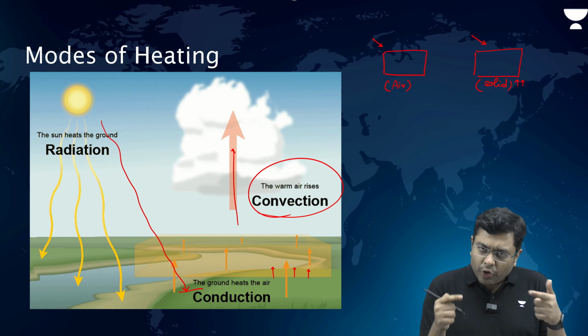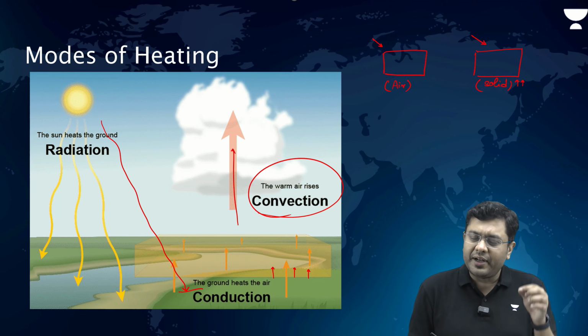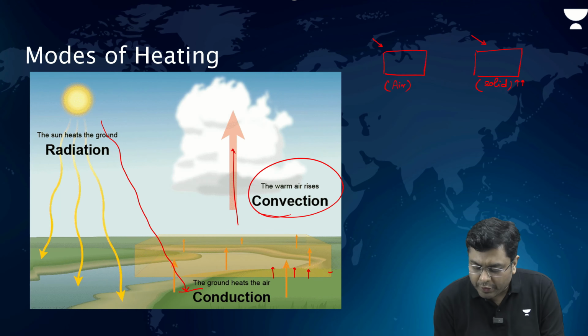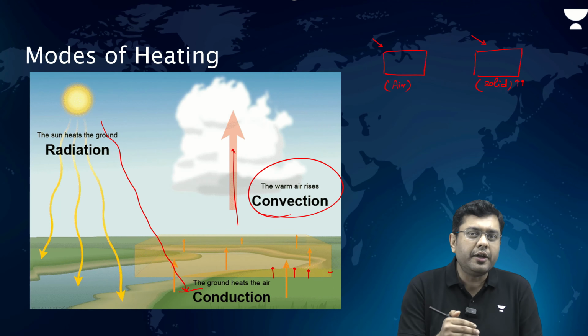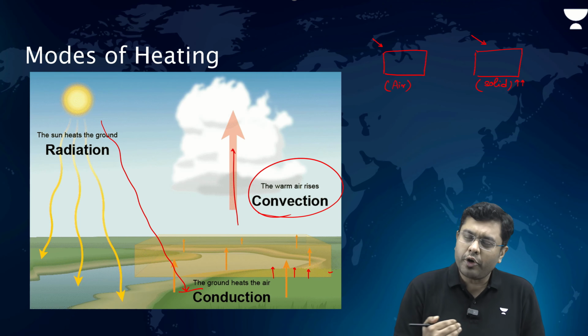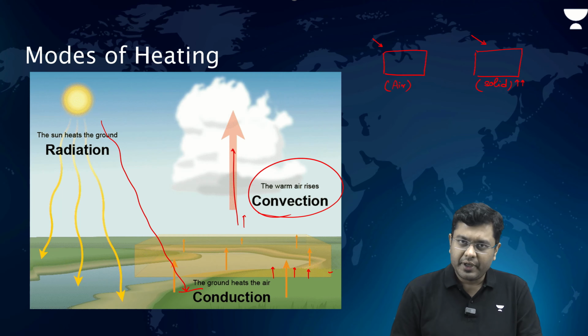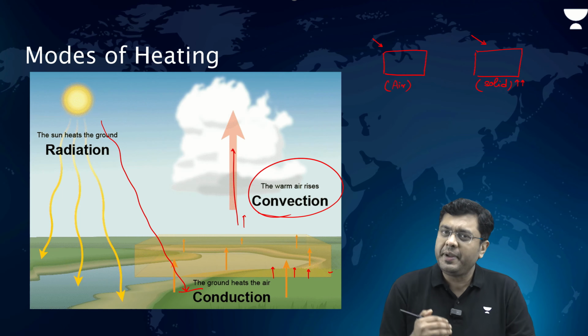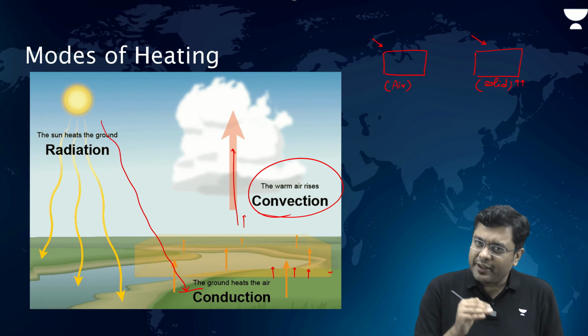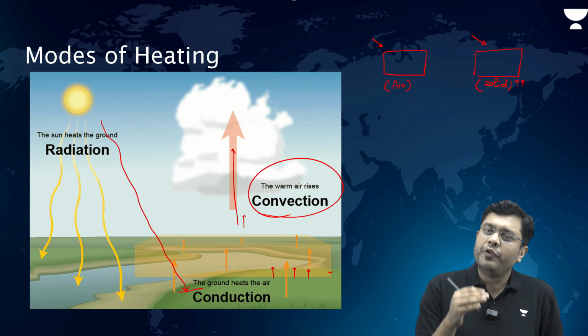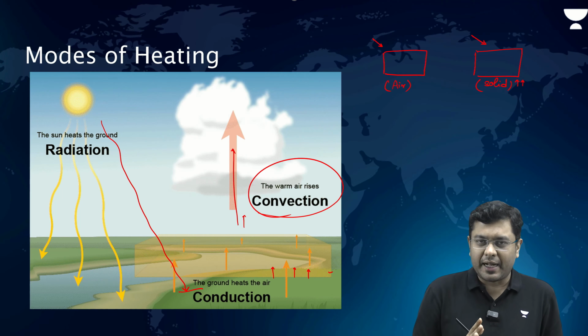Here, that also signifies a very important thing: if you are closer to the ground surface, the air will be much warmer, much hotter. As you start moving away from the ground surface, the transmission of heat will not be that efficient. That is one of the reasons why the temperature starts falling as you go higher up.